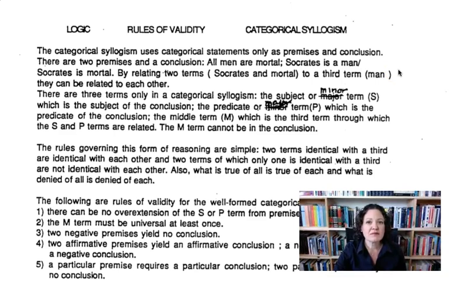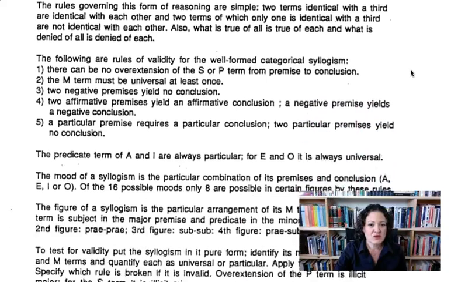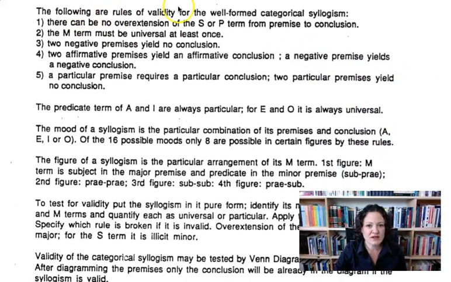We have the P term, which is the major premise term, and we have the M term, the middle term, that relates them both. Now, these rules we're going to look at are going to tell us how to make a syllogism and test it for validity. So we're going to do that next, and I'm going to show you how to split these rules into manageable pieces. All right, so I will pause here.